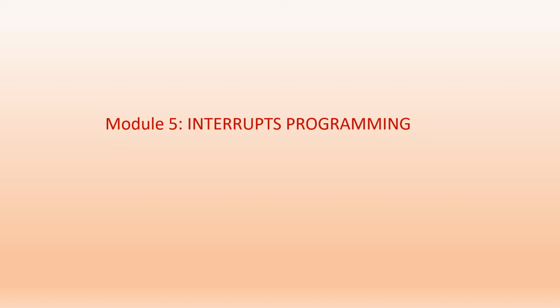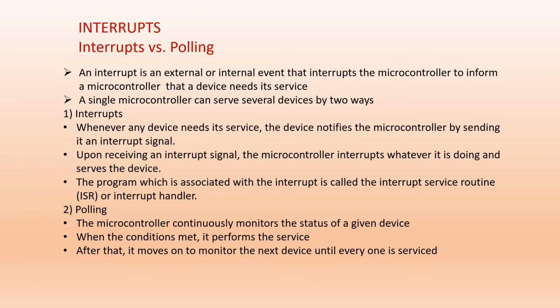For each device interrupt, a routine has been written at a specific memory location, and it is called the interrupt service routine or the interrupt handler. So whenever any device needs service, the device notifies the microcontroller by sending an interrupt signal.